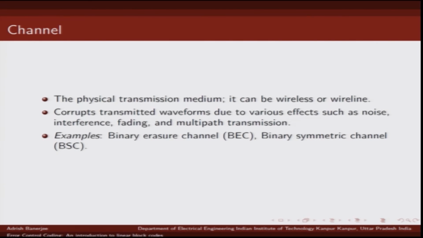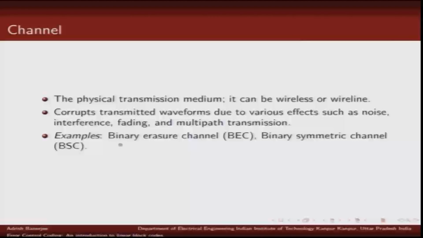Shadowing is another example. Multipath transmission: when you have reflections from multiple buildings, if you send just one signal, you get multiple copies with varying attenuation and delay spread. So, essentially the channel corrupts our transmitted signal, and it results in errors.